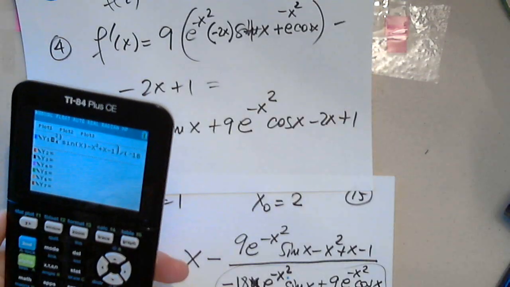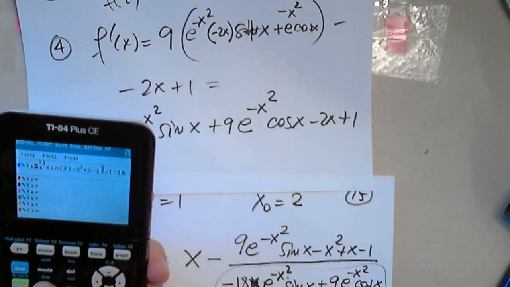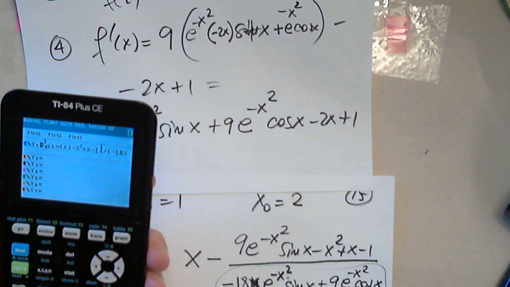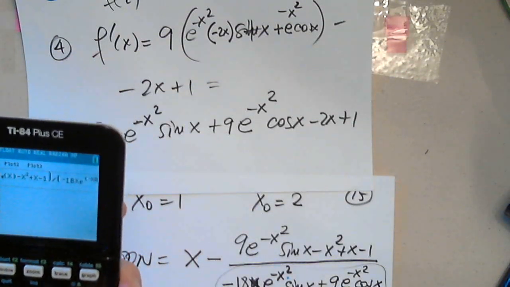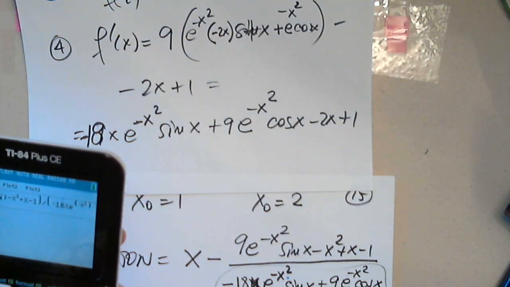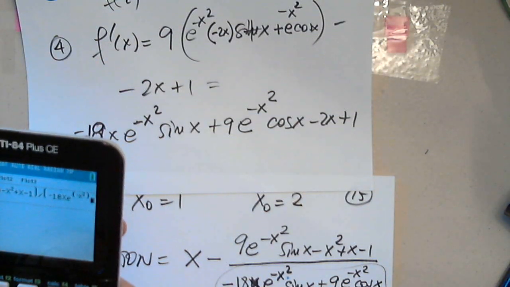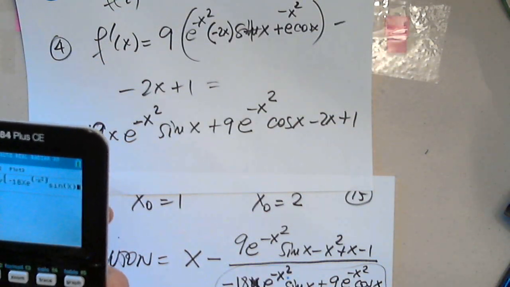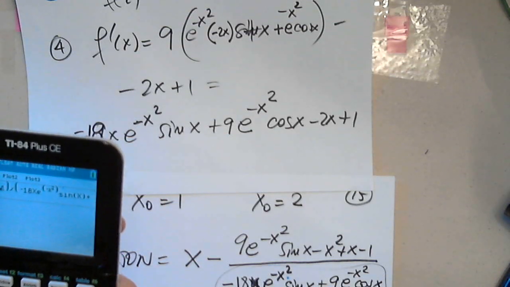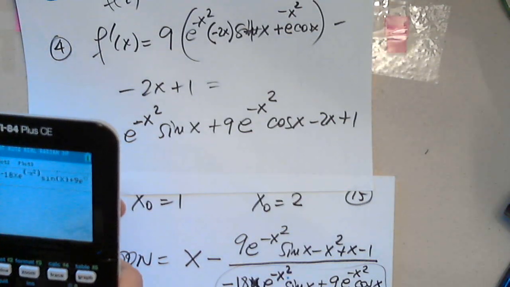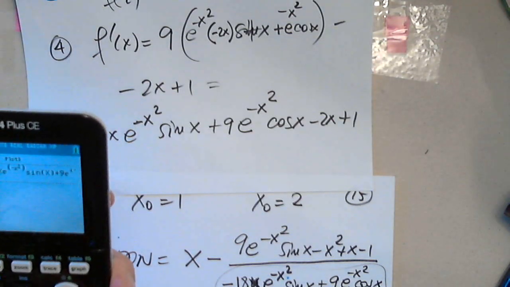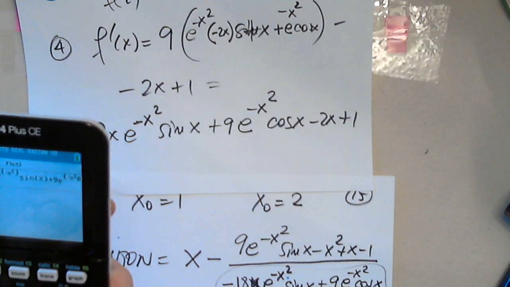Negative 18 x second and e to the x, in parentheses again, negative x squared, close the parenthesis, come down, sine x, close the parenthesis for sine x, plus 9, again e to the x squared.